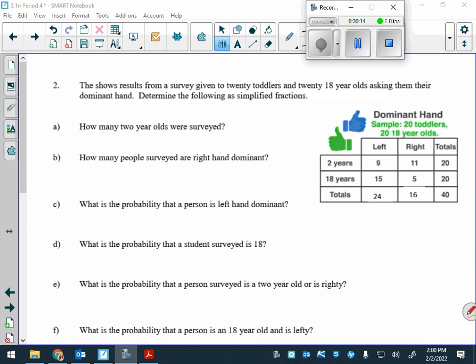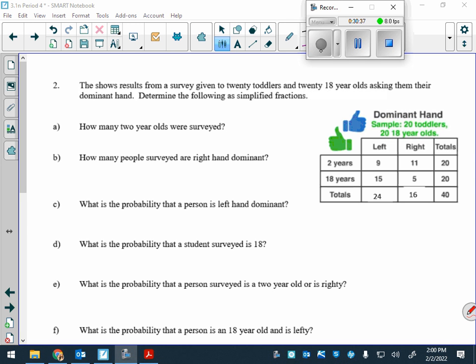So here you have two separate measurements, so to speak. You have left and right as one event, and you have ages here, as opposed to the basketball and baseball, which were all under one scenario. So that's why we could add. Here, there's an overlap. Does that make sense?